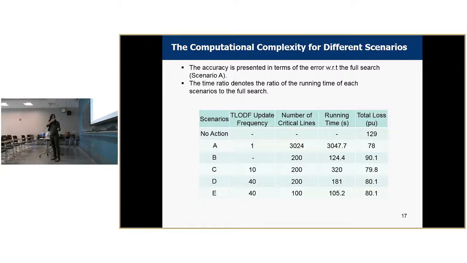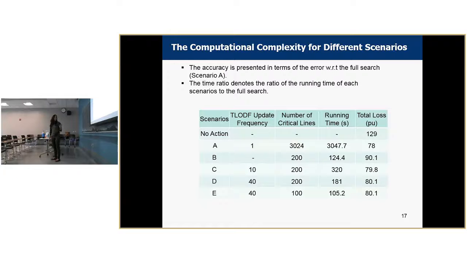So here in this table, the first row is when you don't have any action. The total loss is 129 per unit. Scenario A is the full calculation when you are updating the TLODF every time. With that, you reduce the losses to 78, but the running time is 3,000 seconds, which is really high.